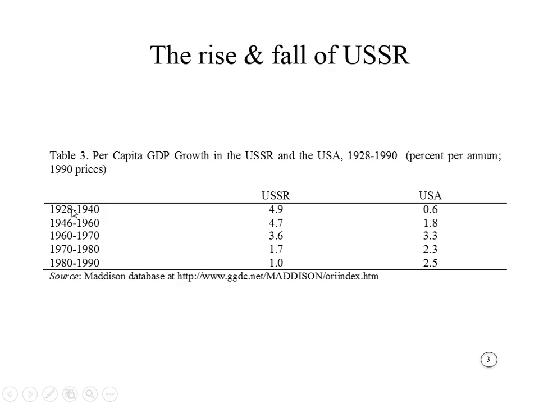This was a period when most intellectuals were falling in love with the communist system and believing that the system was superior. Any idea why? What was happening in this era? Fascism? So fascism, then what? The rise of fascism.